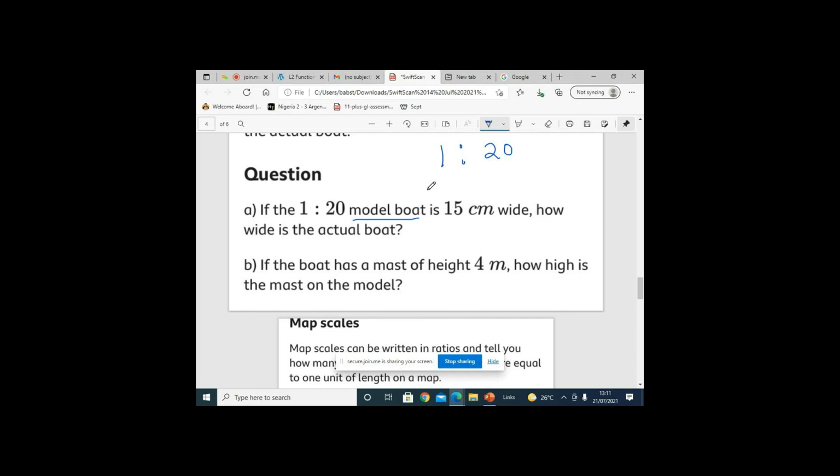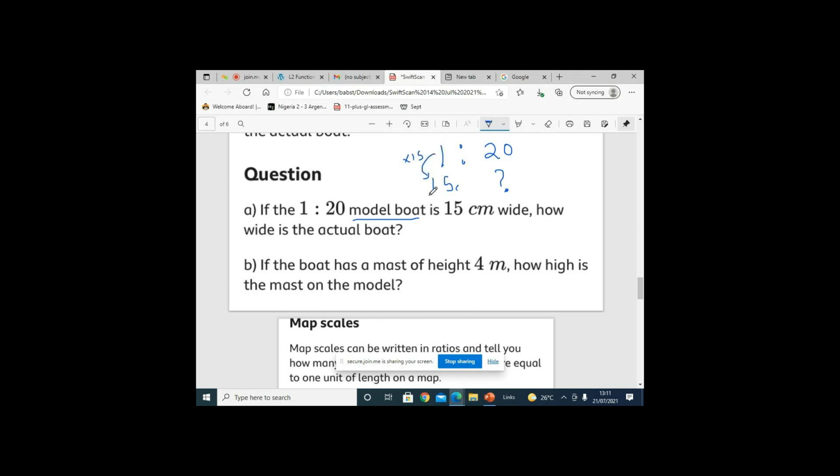So when you draw that scale, the model boat is 15 centimeters on the map. What is it going to be in real life? This is similar to the application of ratios. What can you multiply 1 by to get to 15? 1 times 15 is 15.